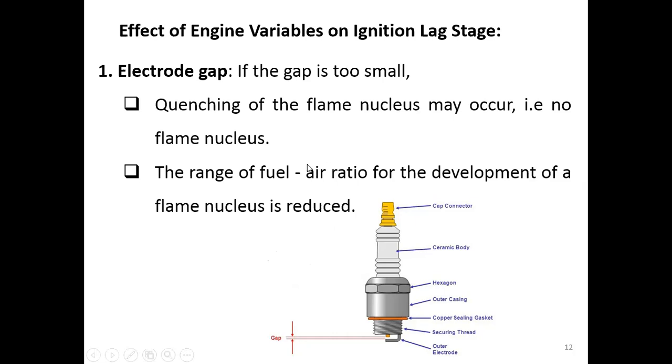And the range of the air fuel ratio in which this flame nucleus can develop is narrowed or reduced. So the range of the air fuel ratio is narrower if you have a too small gap on the spark plug.